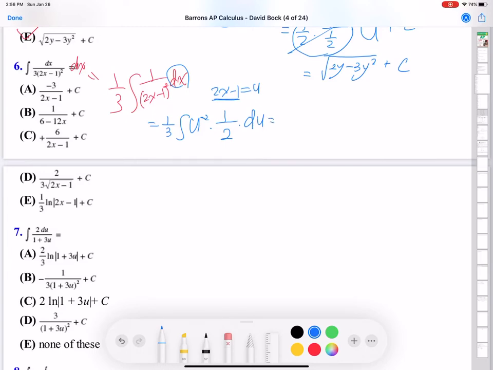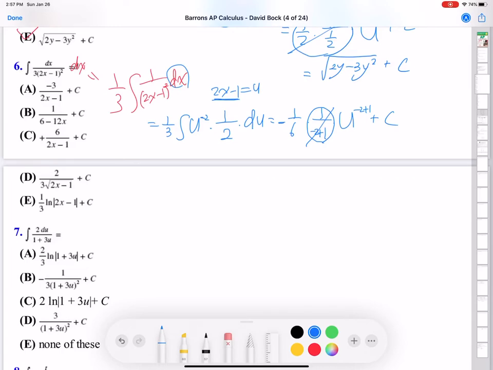Okay, so it's 1 over 6 times 1 over n plus 1 times u to the n plus 1 power plus c. So this part is going to be negative 1, so negative 1 over 6. What was u? u was 2x minus 1.